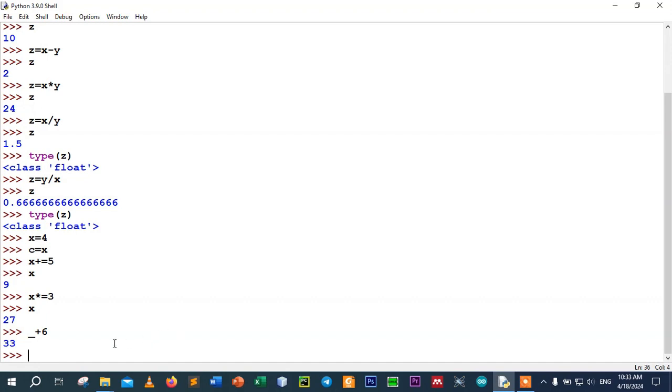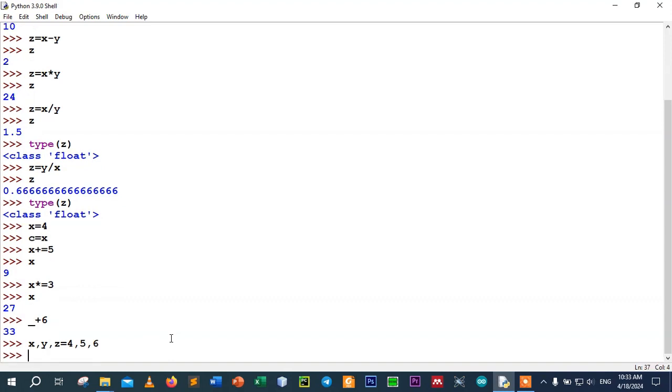We can also assign x, comma, y, comma, z is equal to 4, 5, 6 in Python. That means we assign 4 to x, 5 to y, and 6 to z.